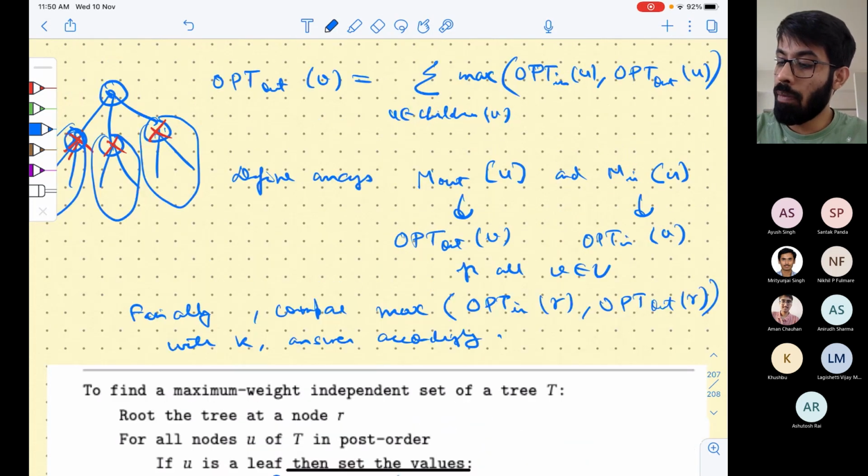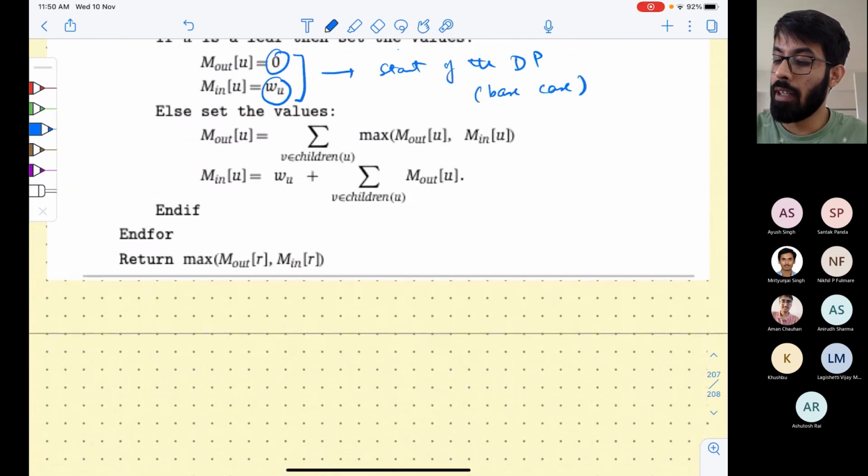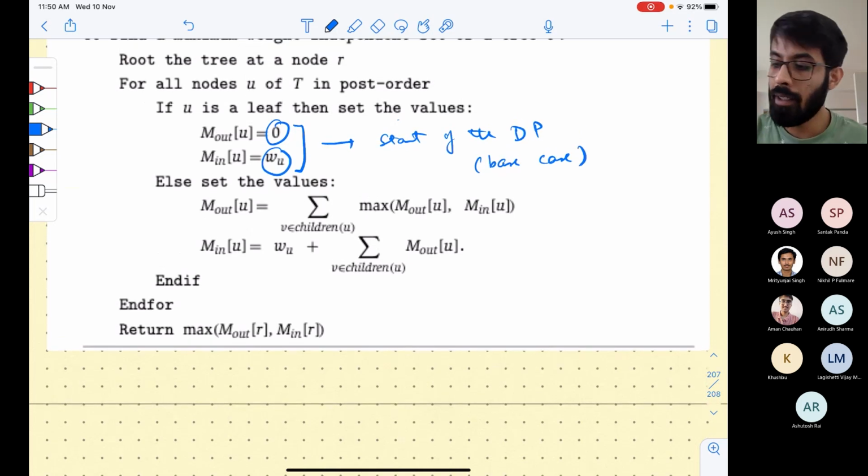And then you have got it for all the leaves, and now you can do it for their parents, right? So else set the values like this, and finally return the max of the two. So this actually returns the maximum weight independent set. But let's say that this is equal to some K star.